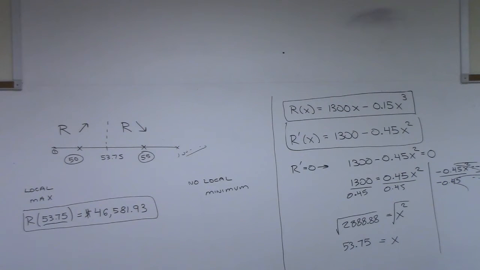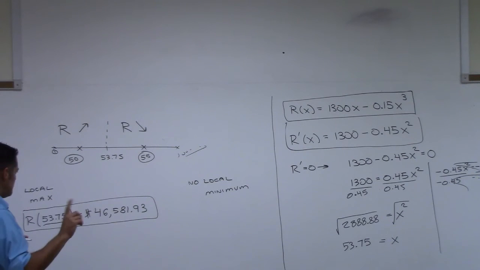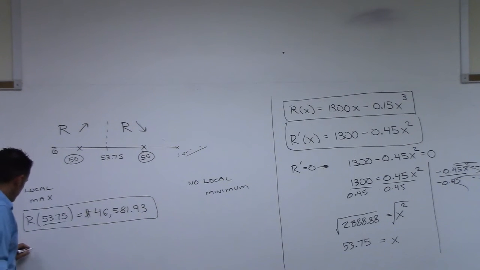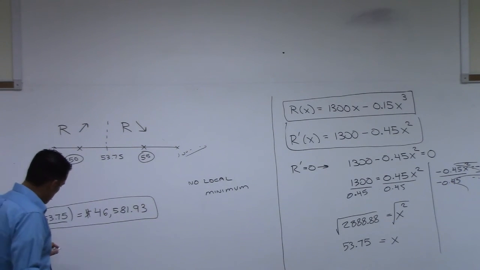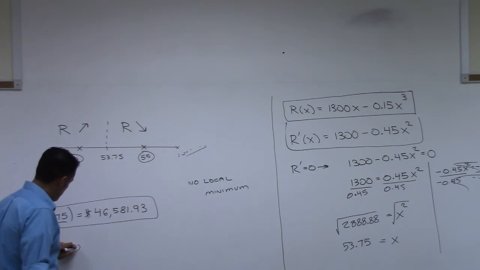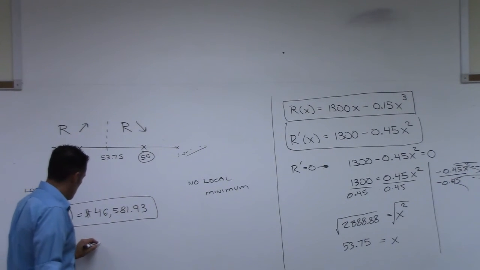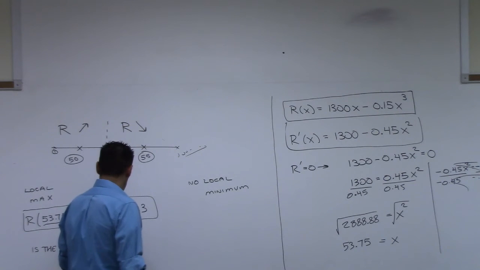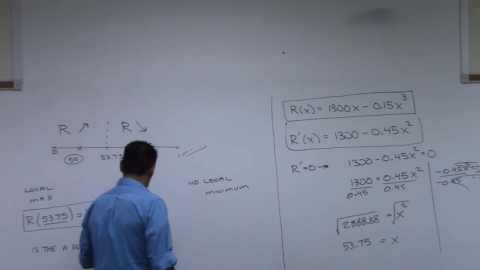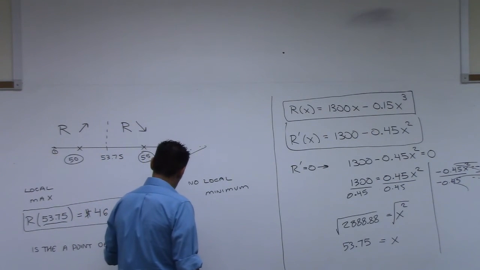All right. Let me ask one more question on top of this one. Same problem. Same exact problem. Let me just ask one more thing here. I'm adding this to the questions. Is there a point of diminishing return?